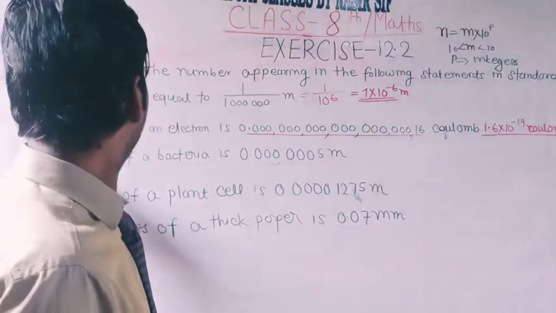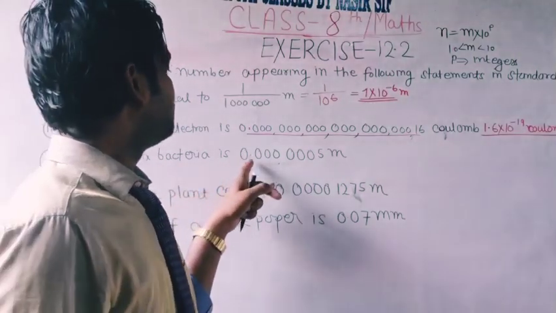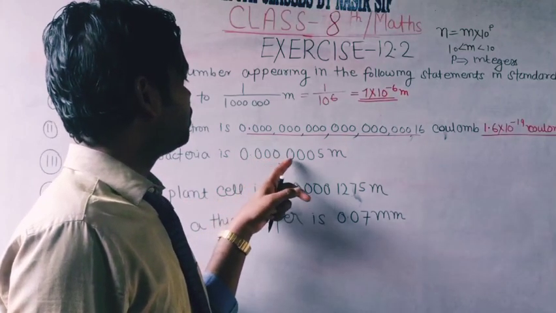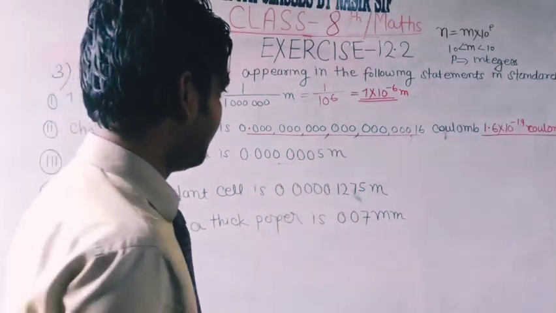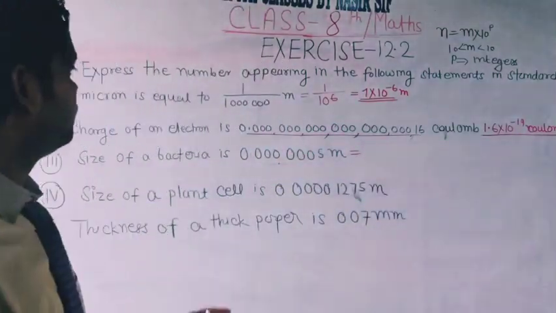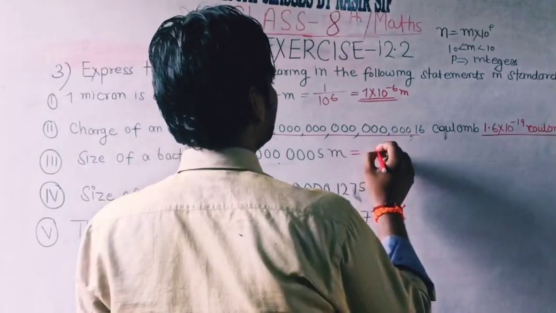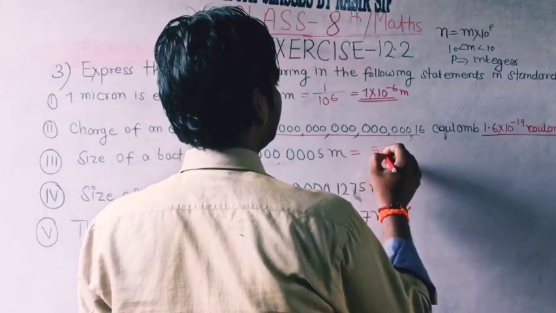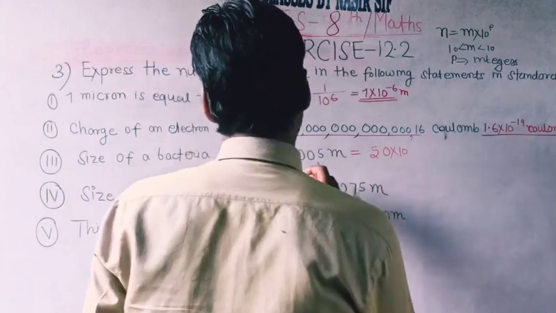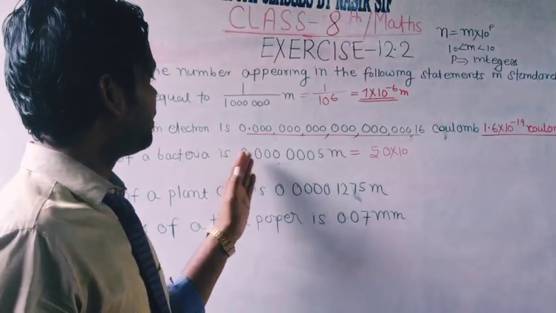Third part: size of a bacteria is 0.0000005 meter. So in standard form this becomes 5.0 into 10 to the power, shifting the decimal again from left to right.